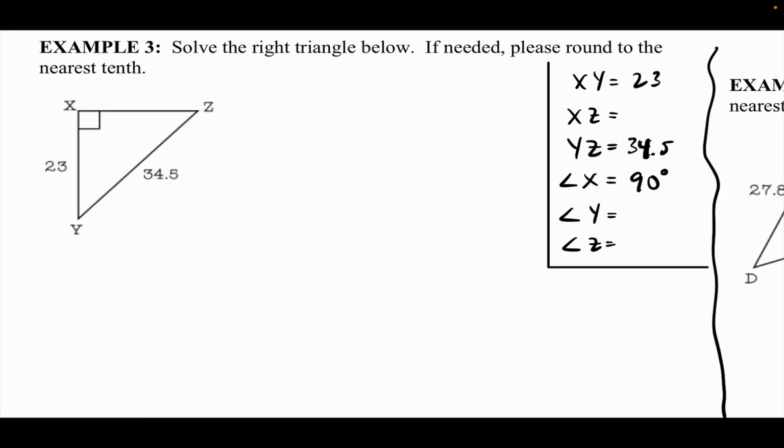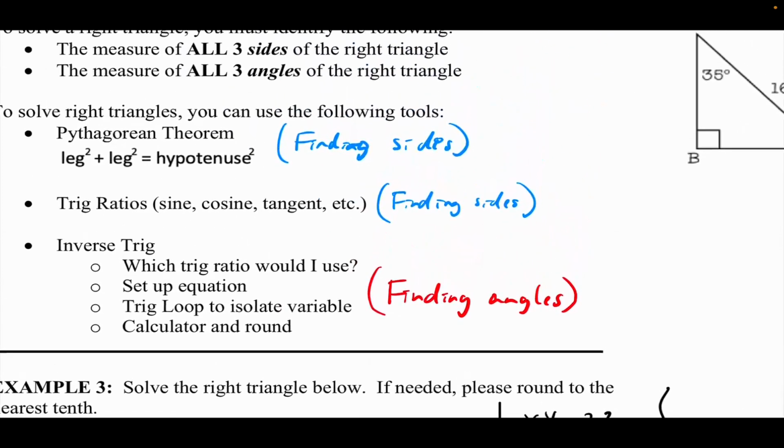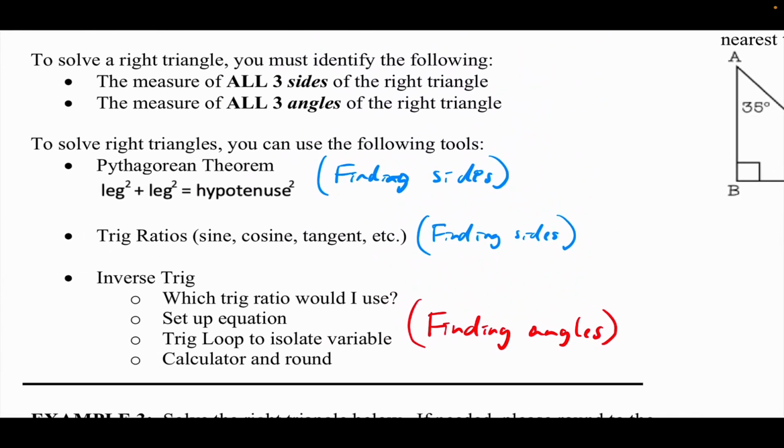So what am I going to use to find missing sides? The Pythagorean theorem is one way. Trig ratios is another, right? Okay, so when can I use Pythagorean theorem? When does Pythagorean theorem work? A squared plus b squared, or leg squared plus leg squared equals hypotenuse squared. When you're looking for hypotenuse?